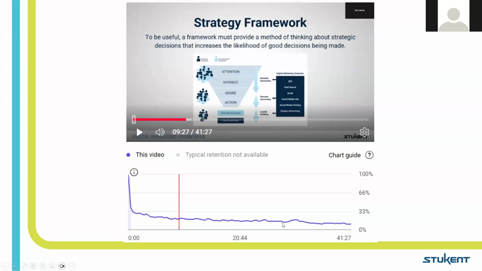To me, I'm under the impression that that means people dropped off and then it picked up again, which means either A, people were rewinding, or B, they were jumping ahead a little bit. And you see these drops and increases much more pronounced in other types of videos where certain things might happen.